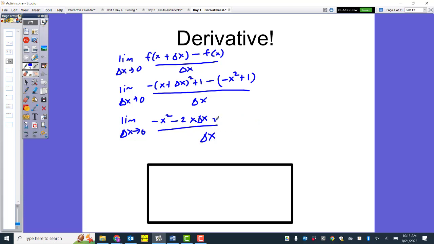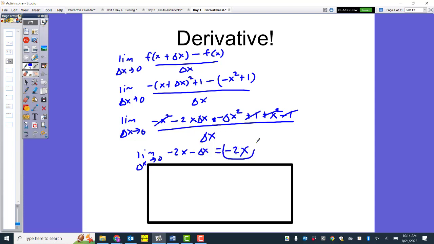All right, negative x squared and positive x squared will cancel. Plus 1 and negative 1 will cancel. Delta x will cancel. We should be left with the limit as delta x approaches 0 of negative 2x minus delta x. And then we can plug in 0 for delta x and we get negative 2x.